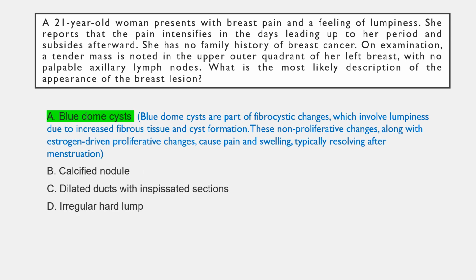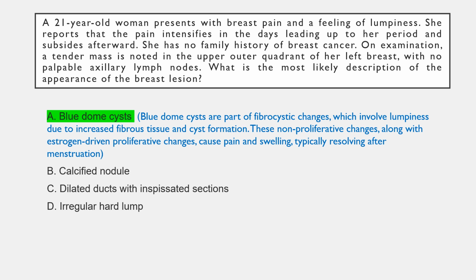The correct answer is A. Blue dome cysts. Blue dome cysts are a component of fibrocystic change. Fibrocystic change refers to a spectrum of changes that occur in the breast tissue of women during the menstrual cycle.